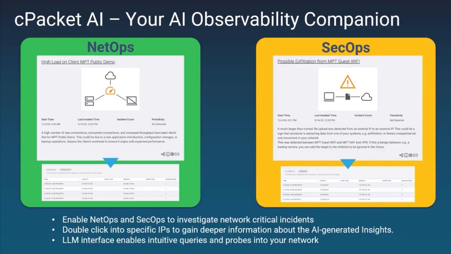And exfiltration is a really interesting example because you can have someone send out 50 gigs of data in a couple of minutes on your network, which is very easy to detect with traditional tools. But what's unique about what we do in exfiltration, as an example, is you can have a bad actor who's exfiltrating a very, very tiny amount of data over a very long period of time, even longer than a day, perhaps.